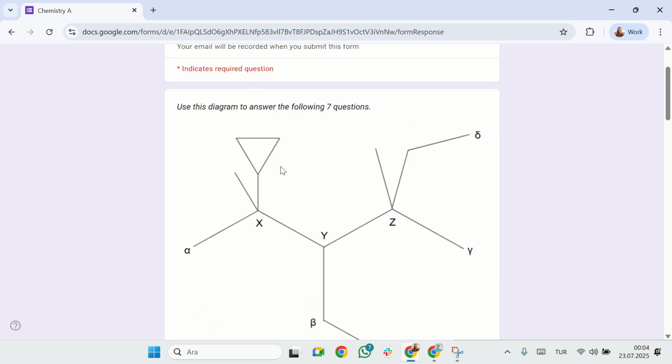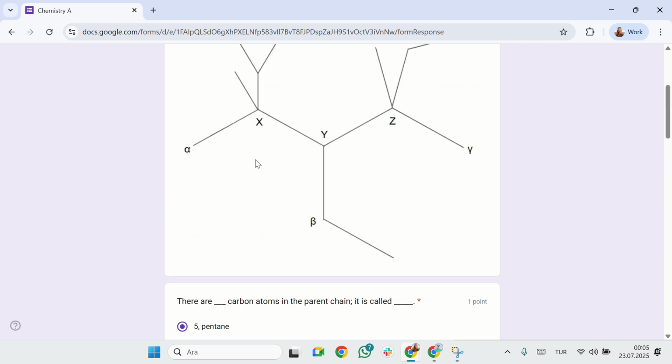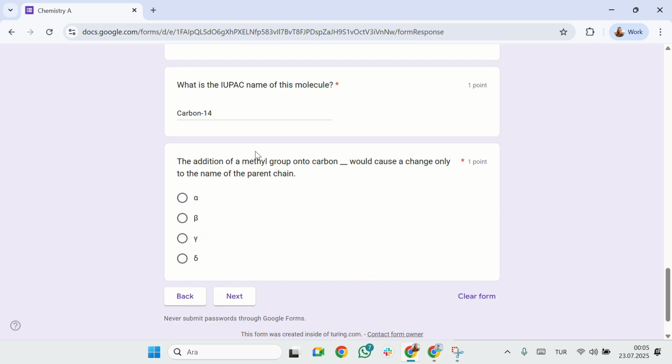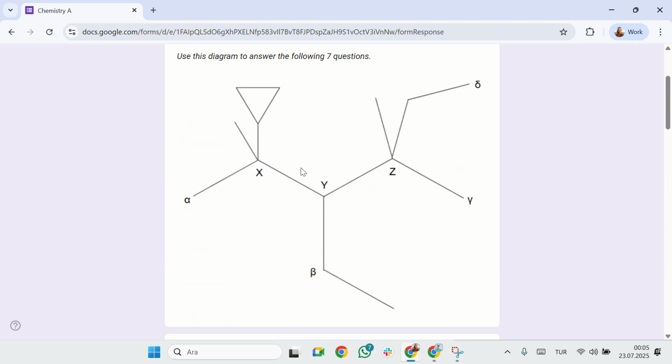We said that this was the main or parent chain, and adding, but how can we add this? Oh, okay.